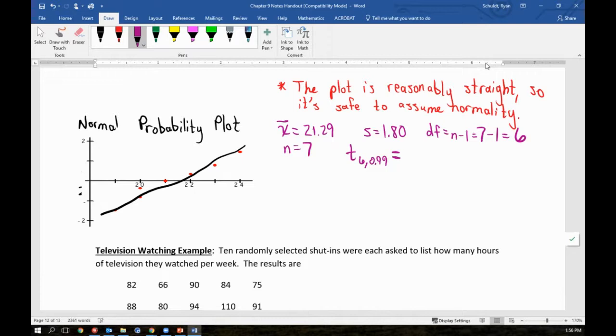So you'll look in your T table for 6 degrees of freedom, and then, like I said, 99% confidence. What do you get for your value? 3.707. Good.